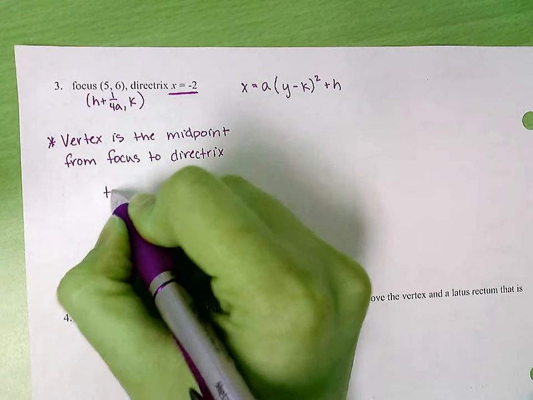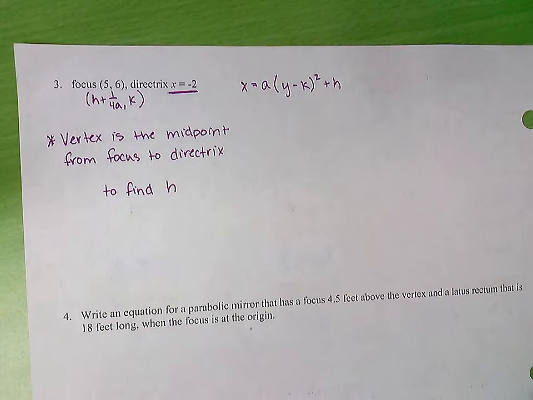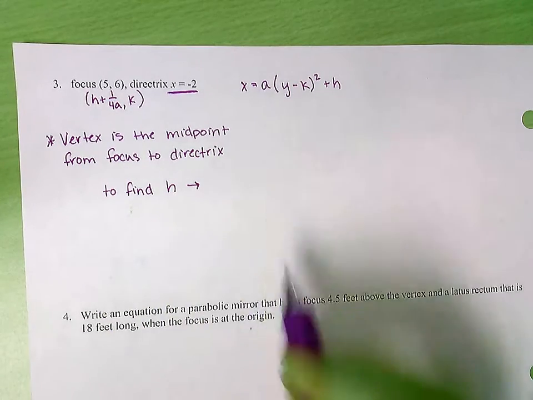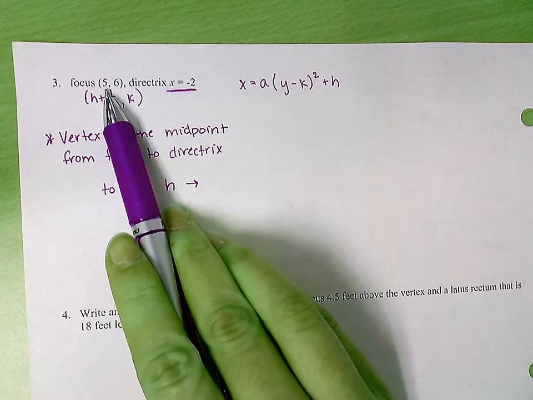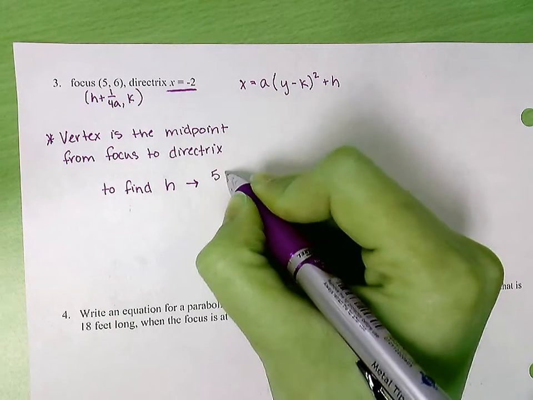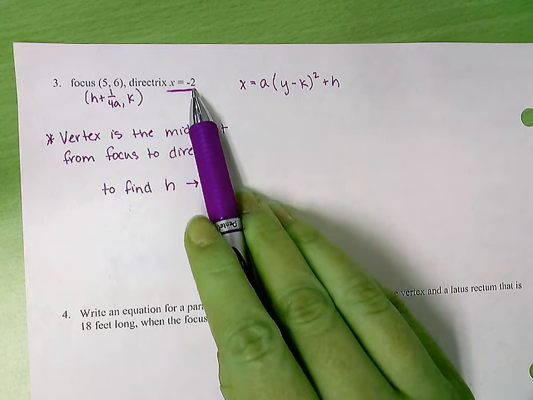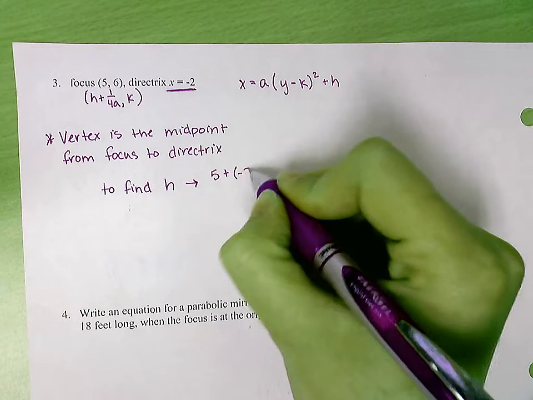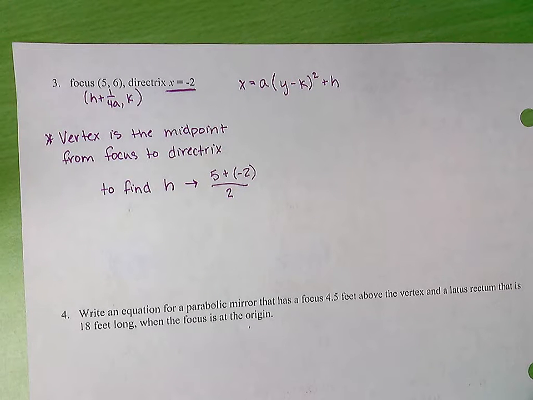So to find h, we're going to take our x value in our focus, which is 5, and add my x value for my directrix, which is -2, and divide it by 2, because I want to find the midpoint of those two.